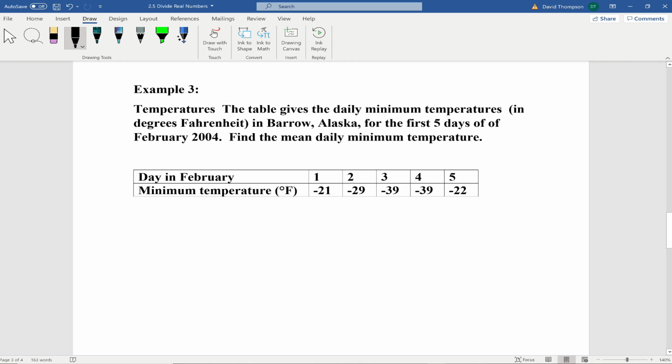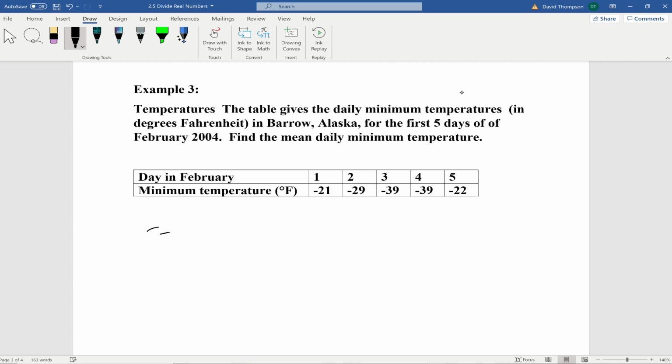Example 3, temperatures. The table gives the daily minimum temperatures in degrees Fahrenheit in Barrow, Alaska for the first 5 days of February 2004. Find the mean daily temperature. So for mean, you add all the values together and divide by the total number of numbers.